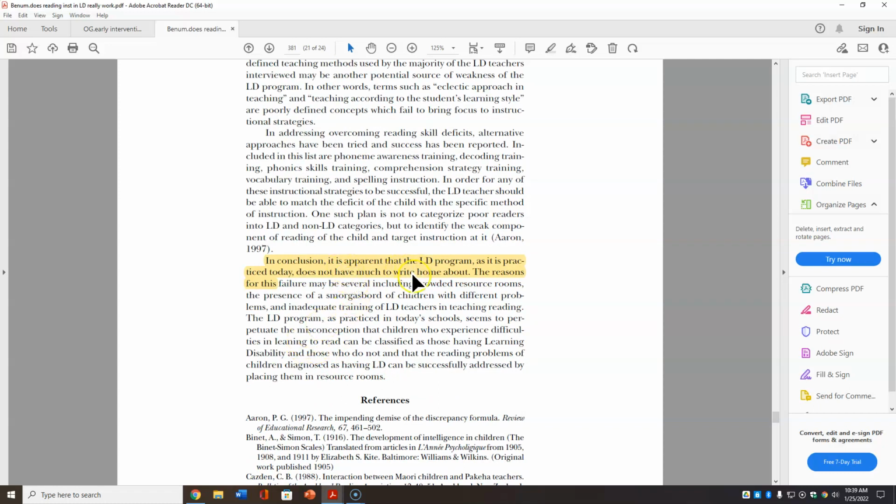It is apparent that the LD program, as is practiced today, does not have much to write home about. The reasons for this failure may include crowded resource rooms, and you have this ability in the discussion part. It's where you can postulate. The discussion section allows you to postulate.